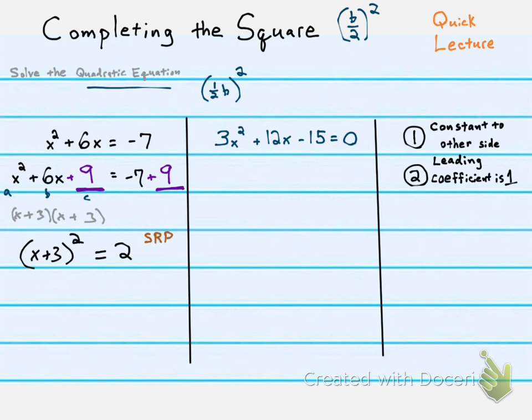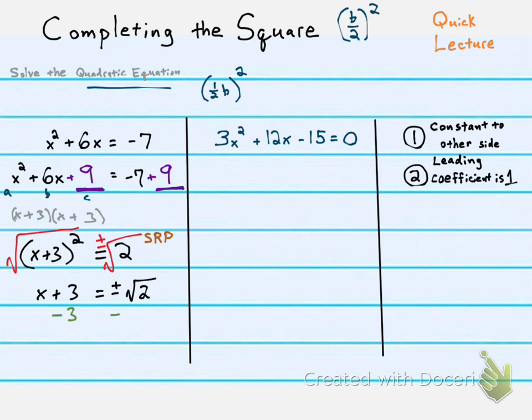What it says is that we are going to take the square root of both sides, plus or minus. And now what we have is an equation that says x plus 3 equals plus or minus square root of 2. One more step, subtract 3 from both sides, and we will know what x is.